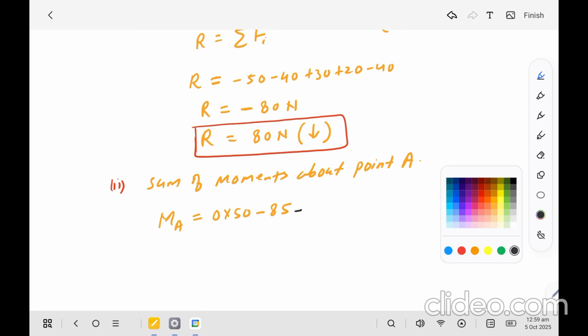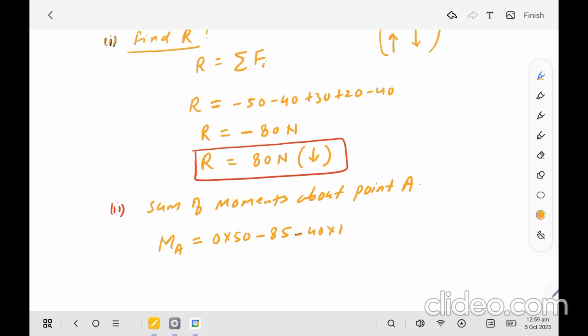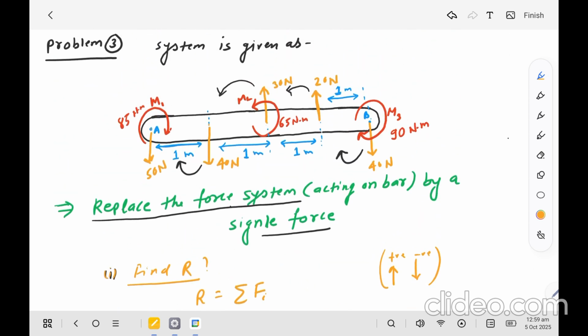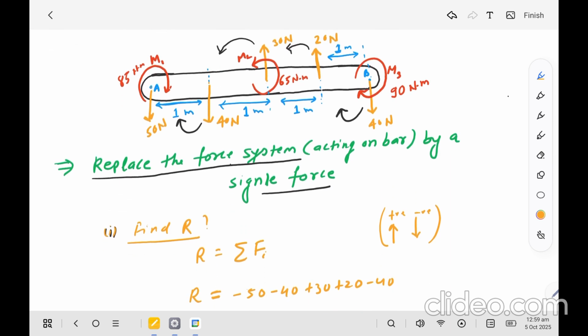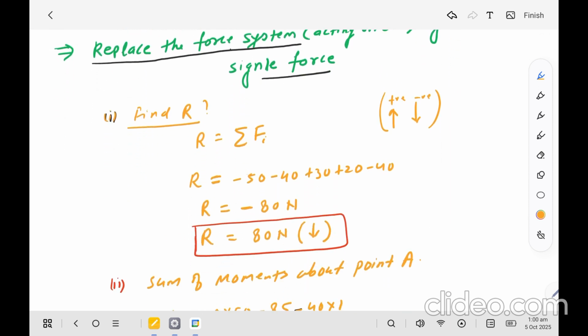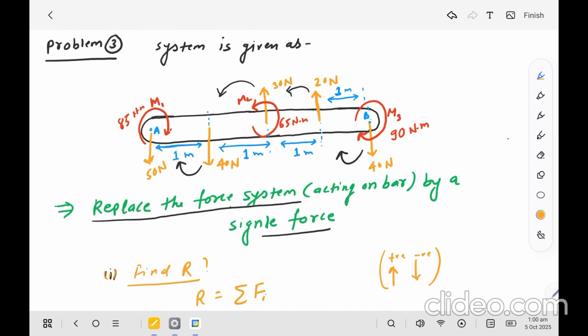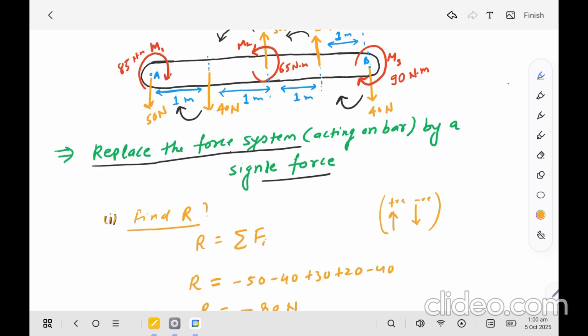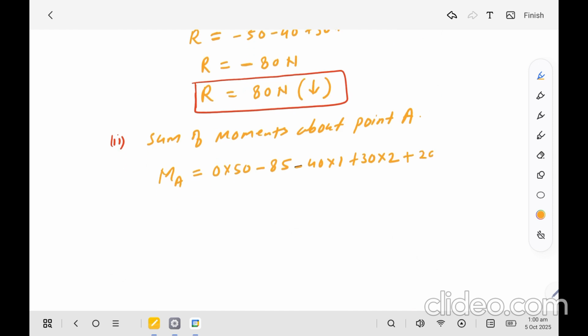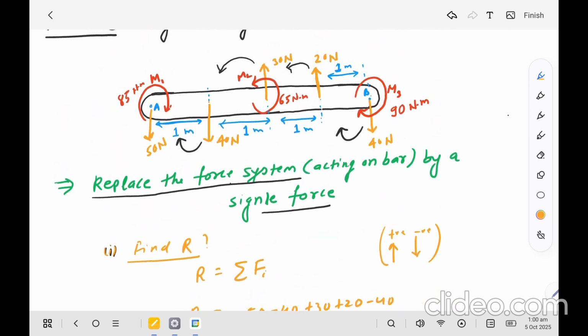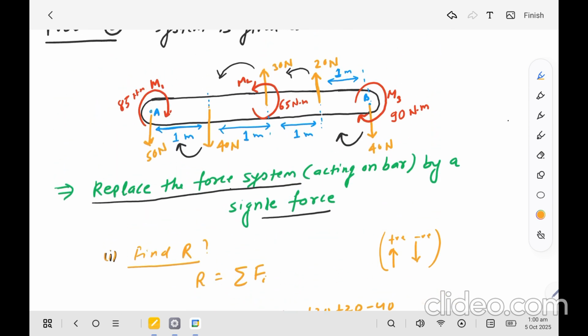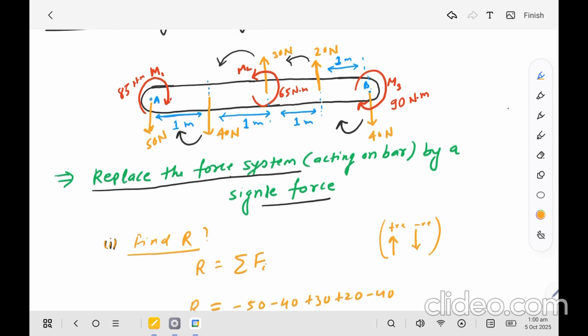Okay, so minus 40 into 1, and then the moment of this force, distance from point A is 2 meter, and this is anti-clockwise, so positive, plus 30 into 2, and 20 Newton, 3 meter distance from point A, and direction is anti-clockwise, so plus 20 into 3, and this force, the perpendicular distance from point A to the 40 Newton force is 4 meter, and direction of this moment is clockwise.